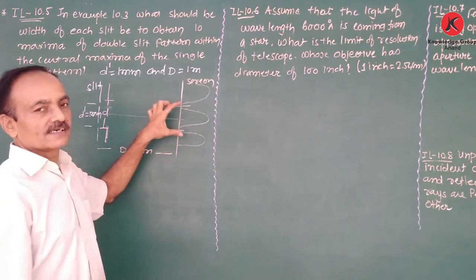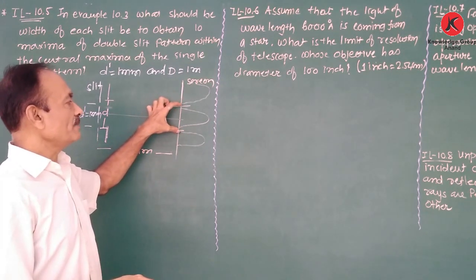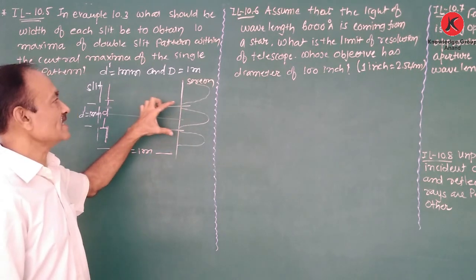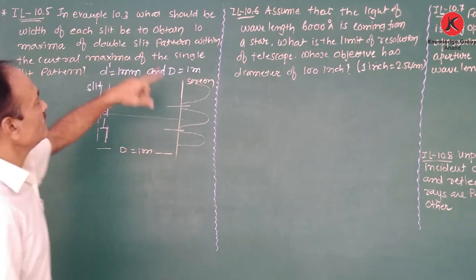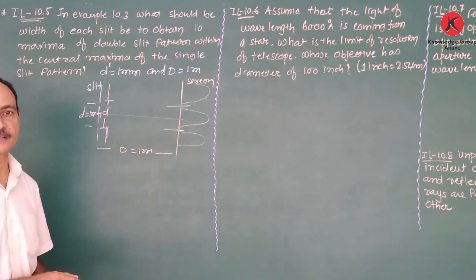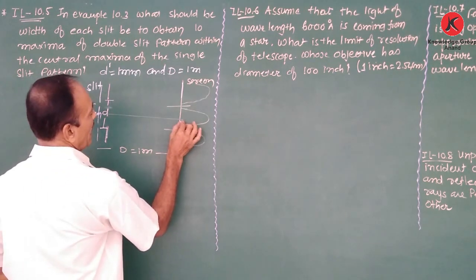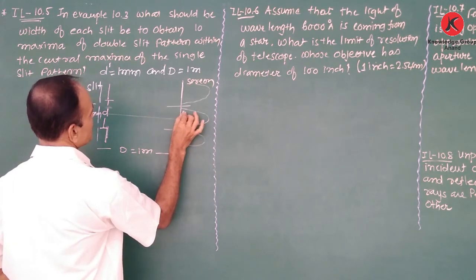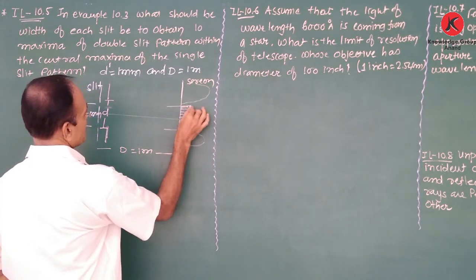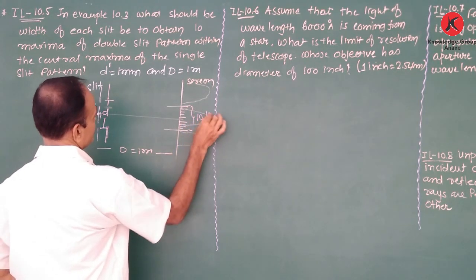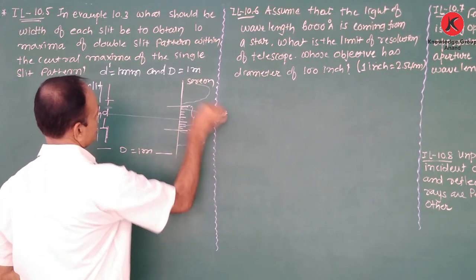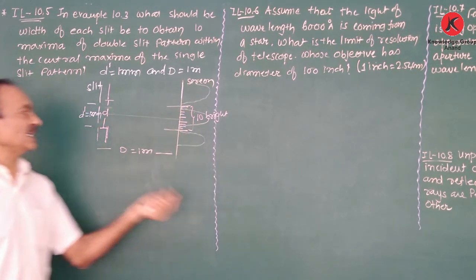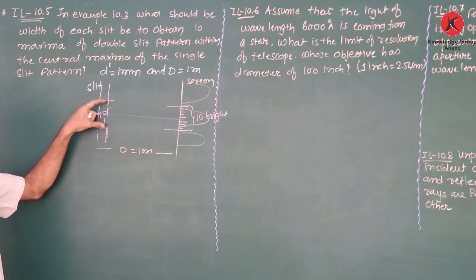Within this width, which we already obtained as the width of the central maxima in the interference pattern, in the diffraction pattern 10 bright fringes are obtained, that means 5 bright fringes below and 5 bright fringes above. The widths are the same on the scale. In that case, we have to find out the width of each slit.